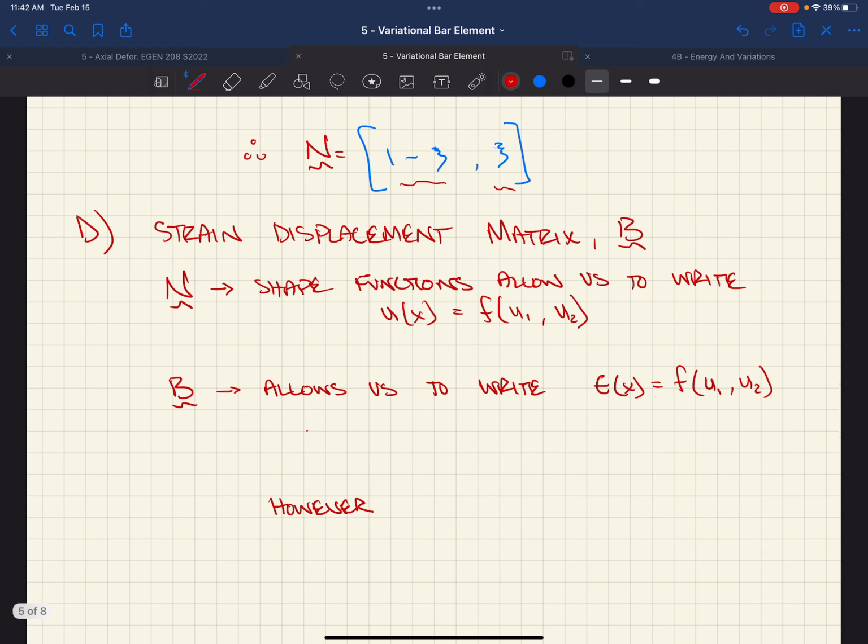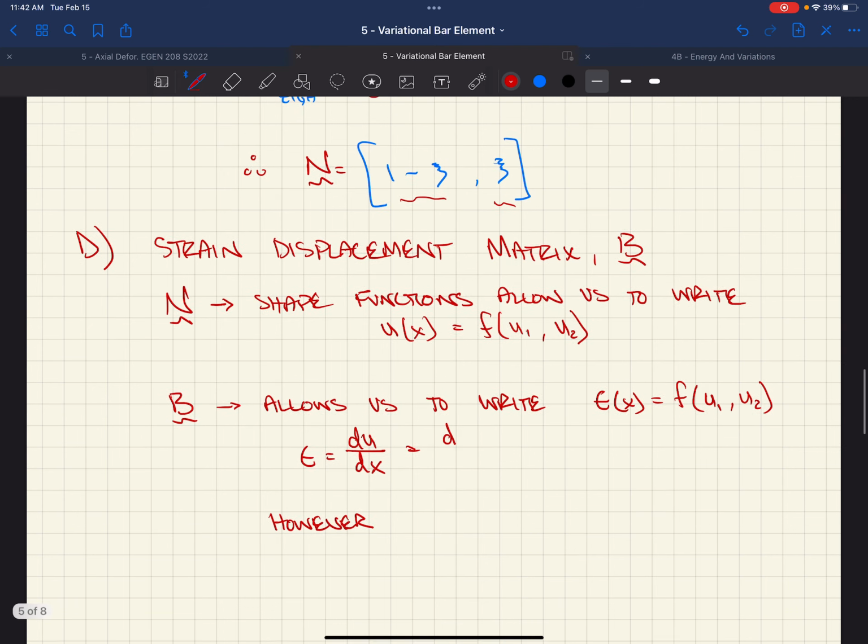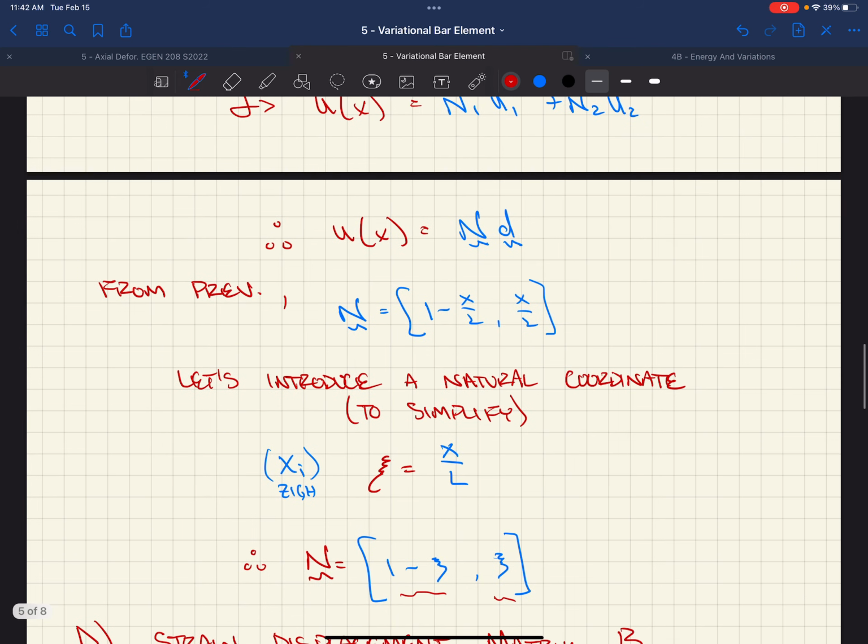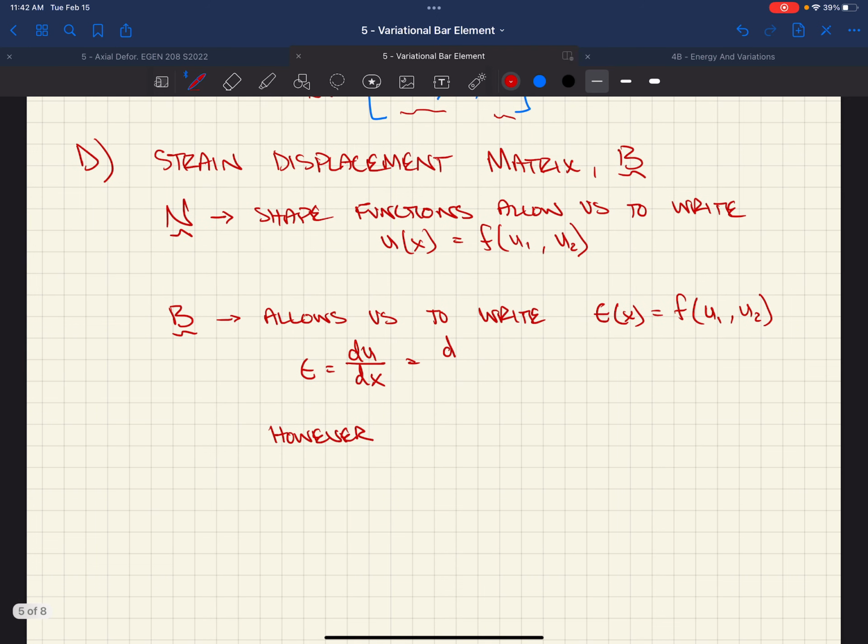Well, if we look at the definition of strain, change in length over the original length, it's really the same as saying, now that we know that u is N D, if we plug that in here, the change in our displacement with respect to x is really the strain.